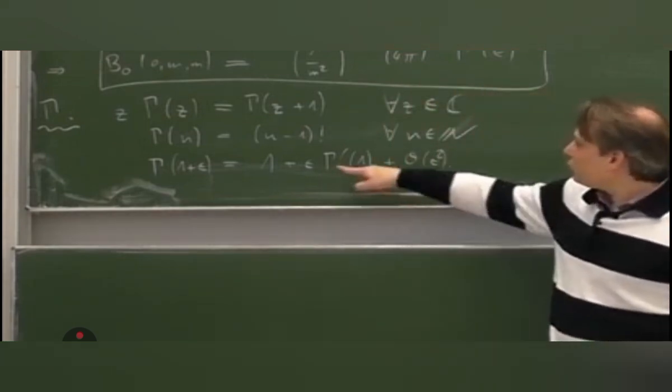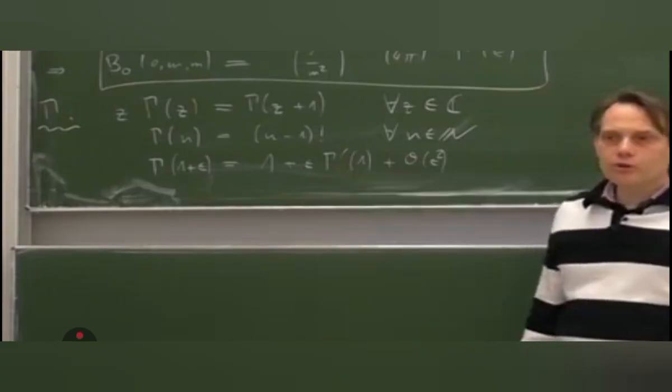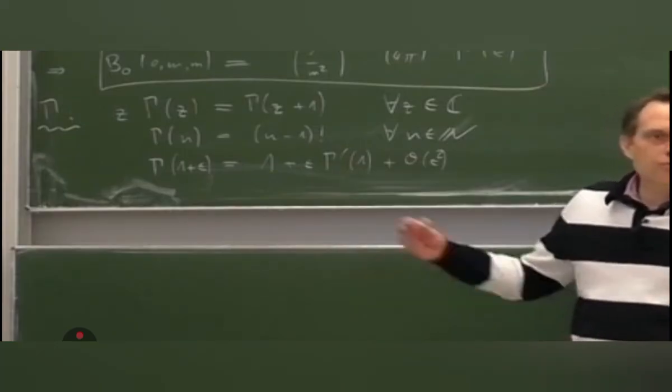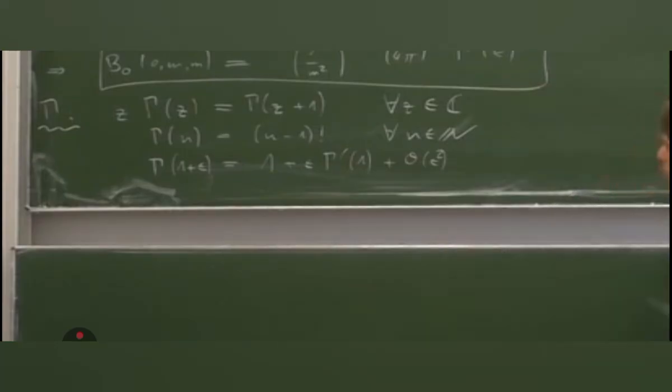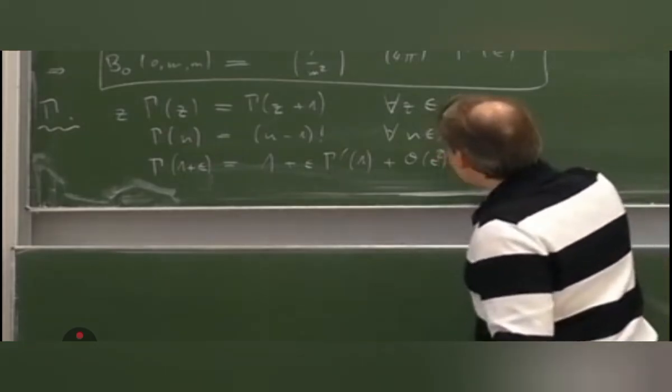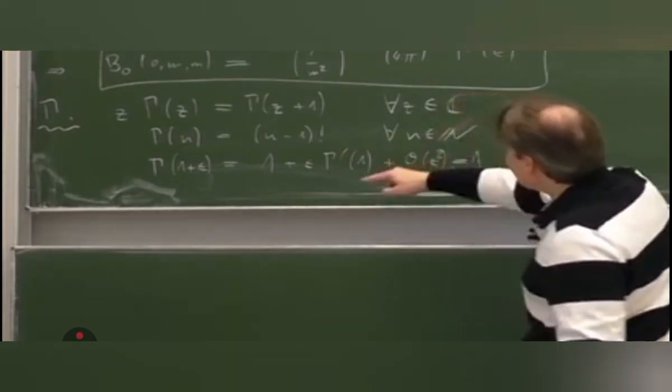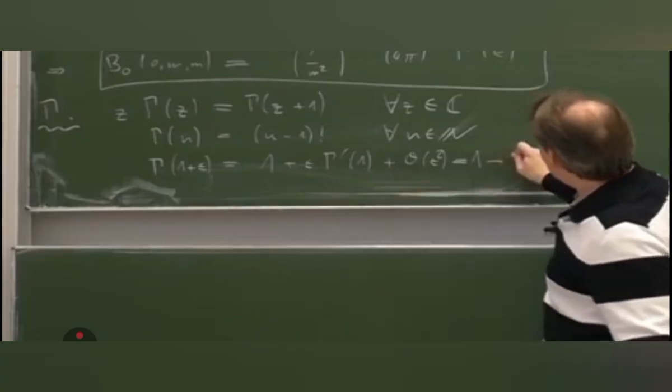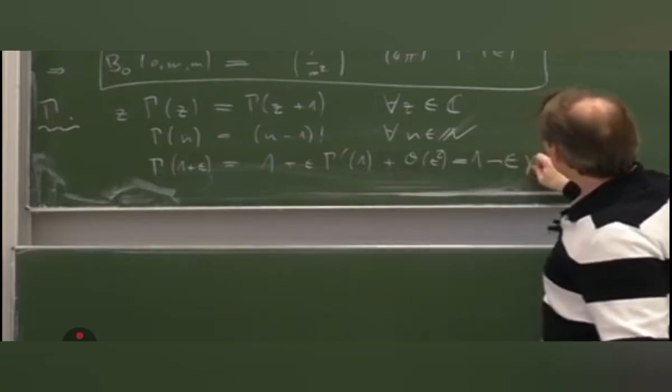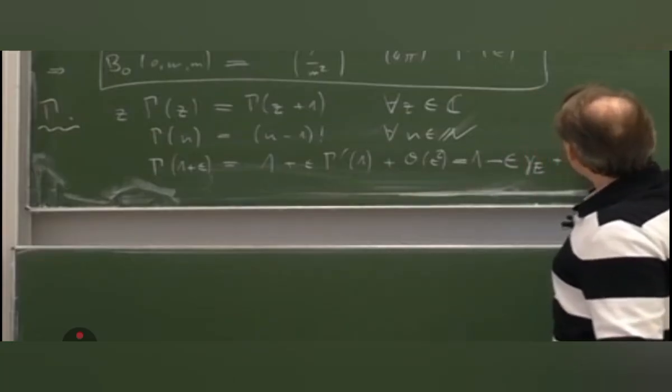That derivative of the gamma function at 1 is a fascinating, very important mathematical irrational number, which has a name, the so-called Euler-Mascheroni constant. And so we have here minus epsilon times gamma E plus order epsilon squared.